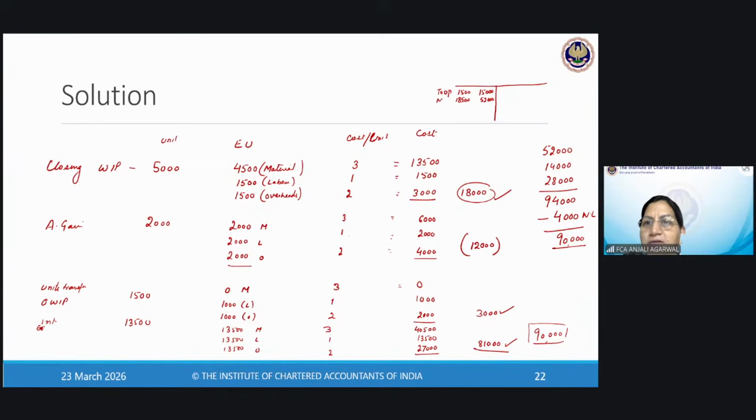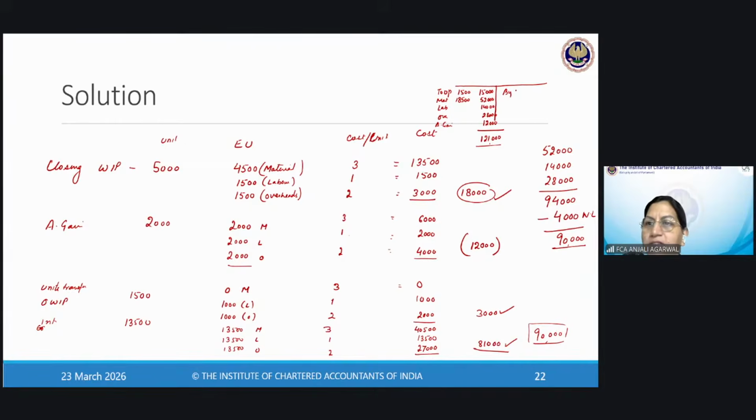Then labor and overheads, 14,000 and 28,000. Abnormal gain you will write here, 12,000. So in this 94,000, there is an addition of plus 15,000 and plus 12,000. So the total on debit side is 1,21,000.